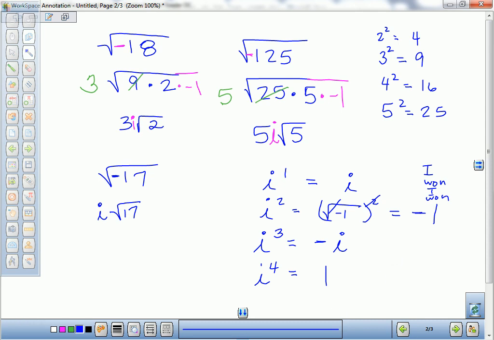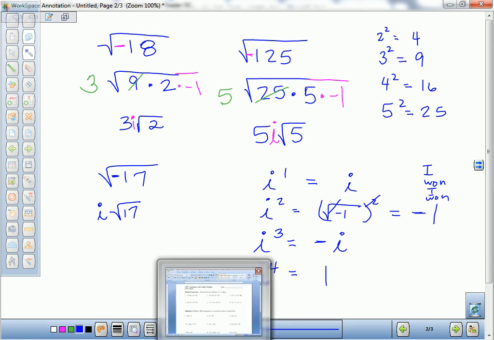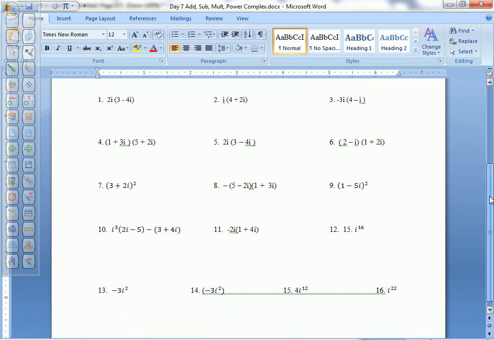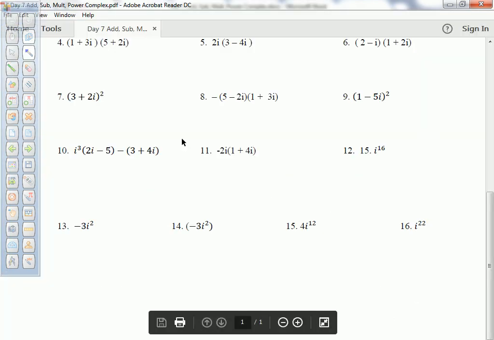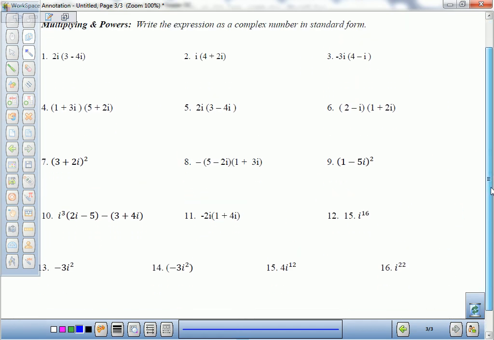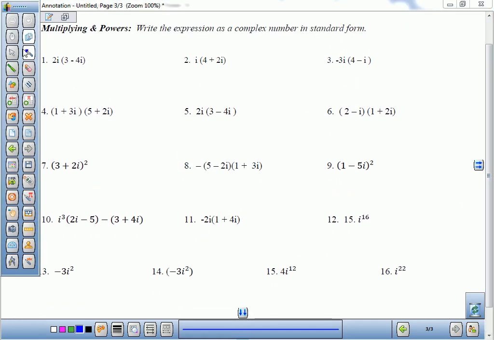Okay, so now let's go back to what we're adding on today, which is multiplication. And then we're going to look at some powers. Okay, so multiplying with imaginary and complex numbers is just like multiplying with variables.